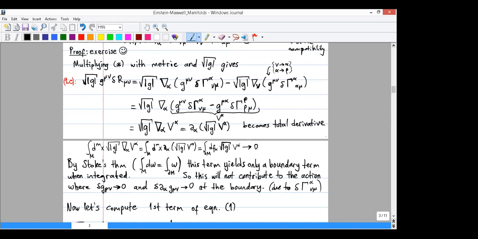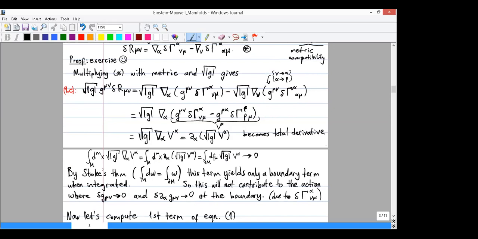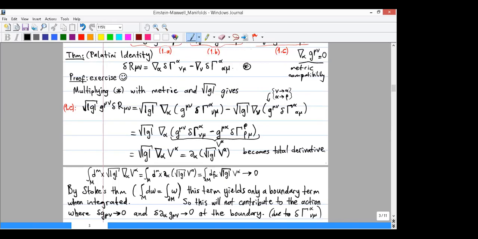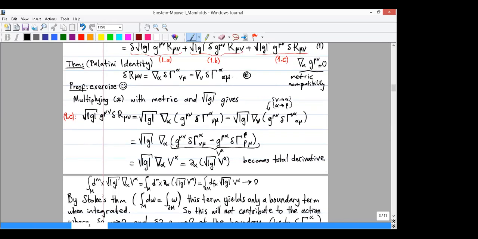Here, since nu is summed over, I also need to mention we are using the Einstein summation convention, meaning if you see an up and down index with the same letter, it is automatically summed over i up to the dimension of the manifold.